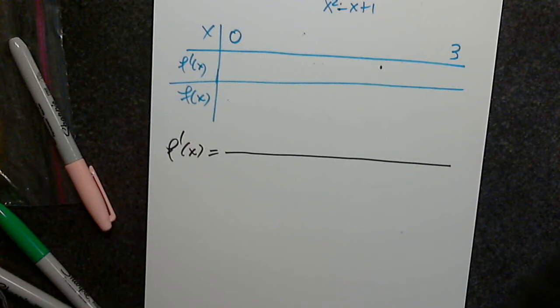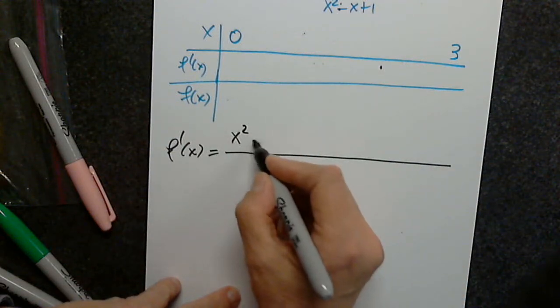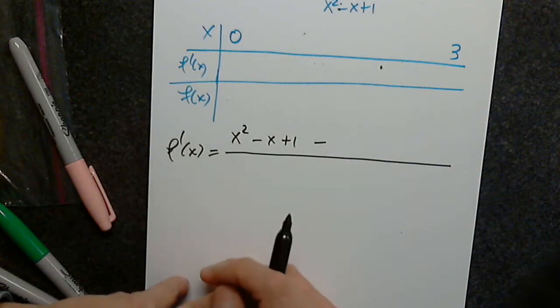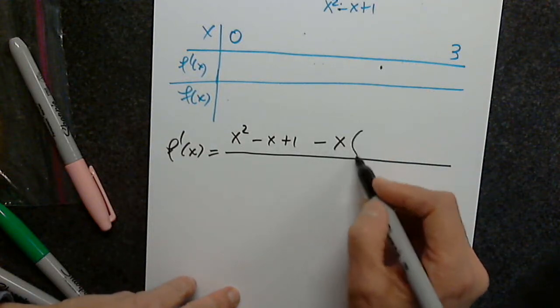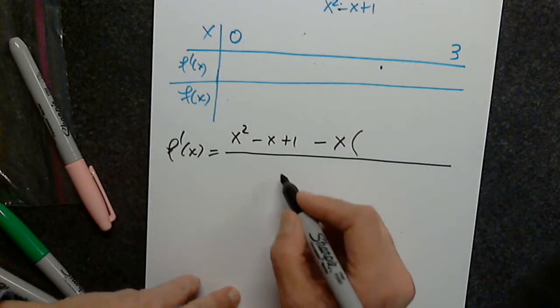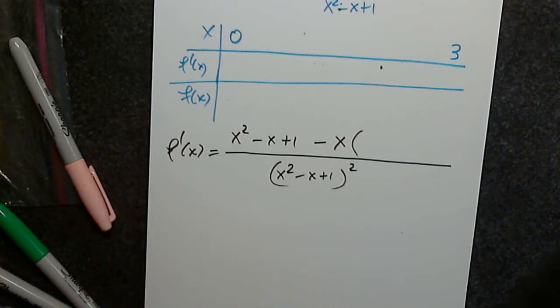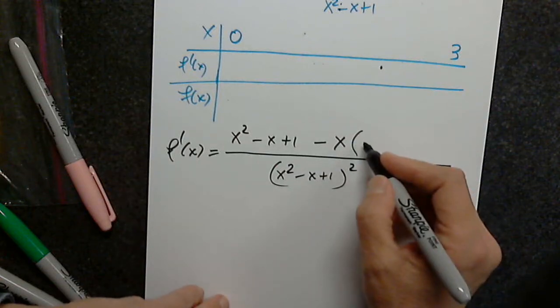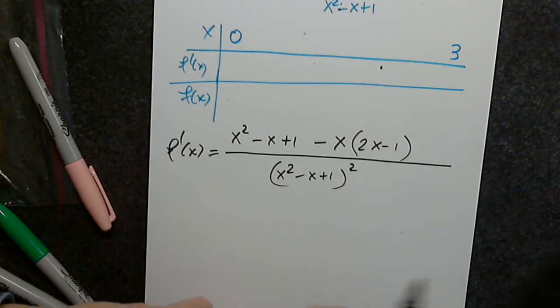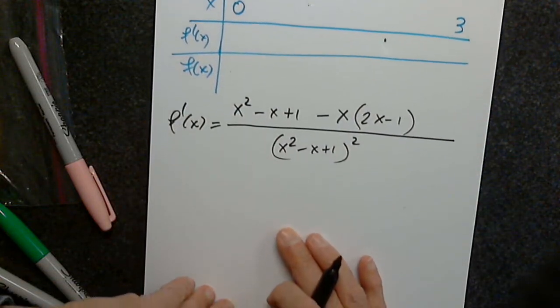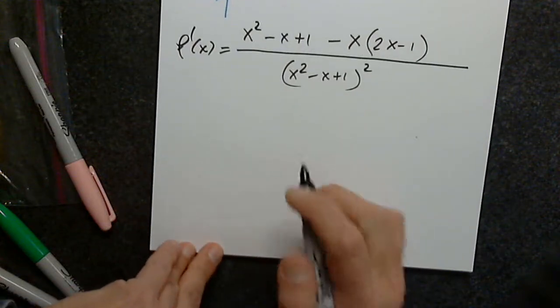Good. So the top function prime is 1. So this is x squared minus x plus 1 minus the top multiplied by 2x minus 1. Very good. Awesome. We have to distribute. We have no choice.